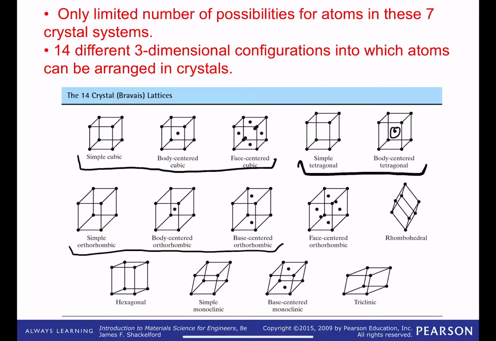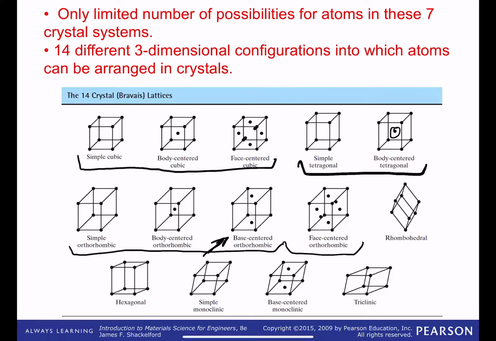And so here are the orthorhombics. We have simple, body-centered, and base-centered, this time, as options. So 2 of the faces have been occupied by atoms in the base-centered orthorhombic. And we now get to see the face-centered orthorhombic as well.